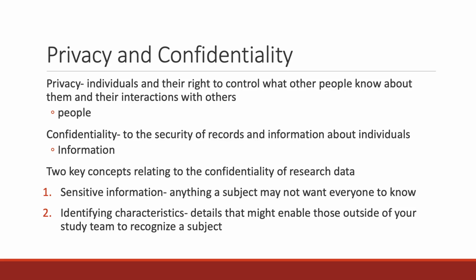Privacy is an individual's right to control what others know about them, including their behaviors, beliefs, and personal information. Confidentiality refers to how we secure and protect the information participants share with us. Two key concepts apply here: sensitive information, anything a participant may not want publicly known, and identifying characteristics, details that could reveal someone's identity to individuals outside the research team.